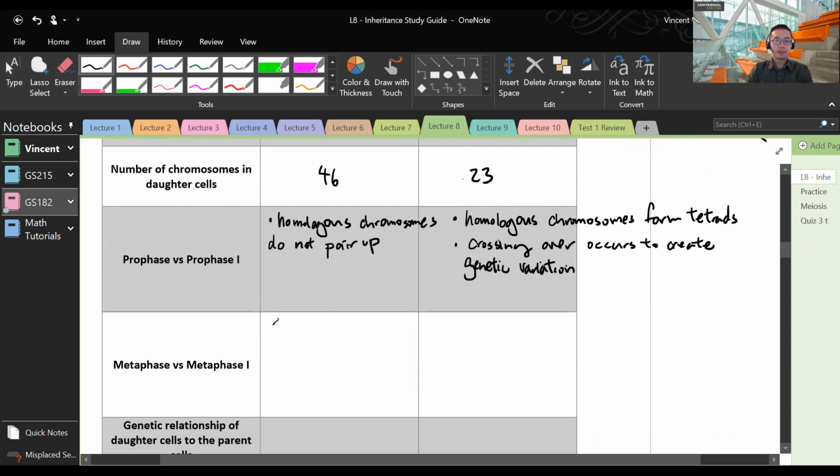In metaphase, the chromosomes line up in the middle, right? Like this, right? Okay. So sister, well, we'll just say chromosomes line up at the center.